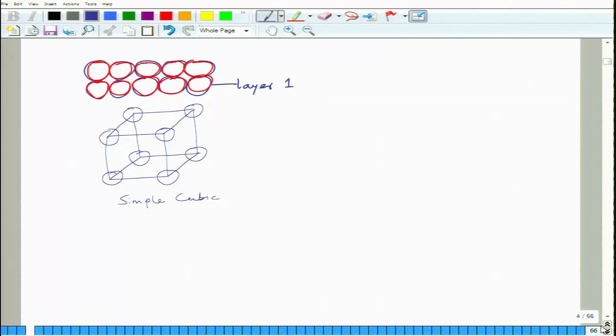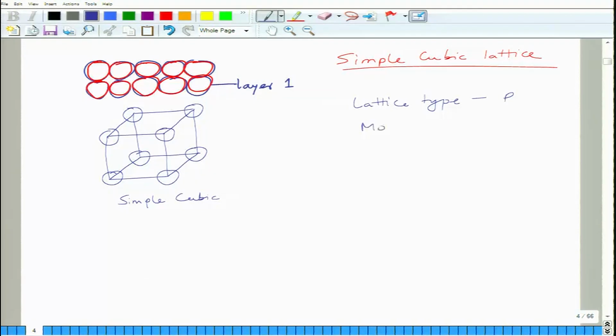Okay. So this is called a simple cubic lattice. The lattice type is defined as P, which is primitive, and motif is at 0, 0, 0. Okay. So these are the 4 types of lattices we typically find.